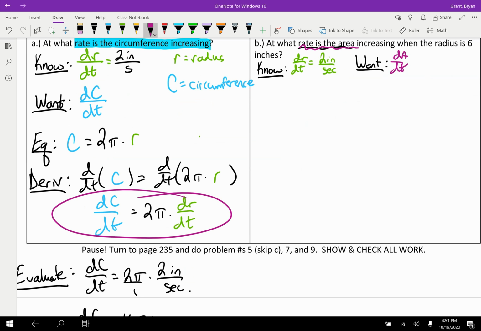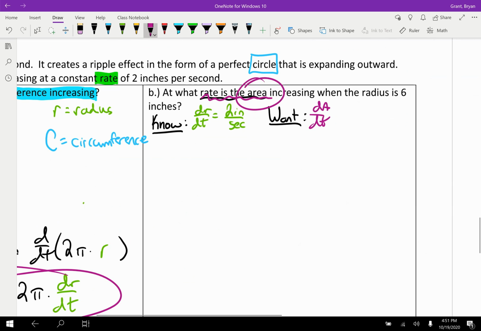However, what's going to happen is when we talk about area, the change in the area isn't just going to depend on the change in the radius. It's also going to depend on how large the radius is at a specific time. And this is really tough for people to grasp.